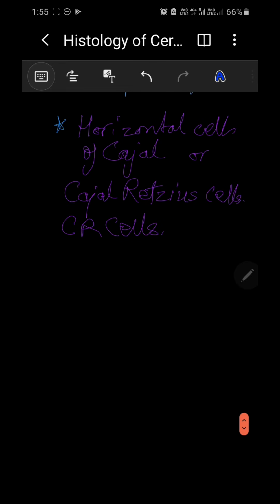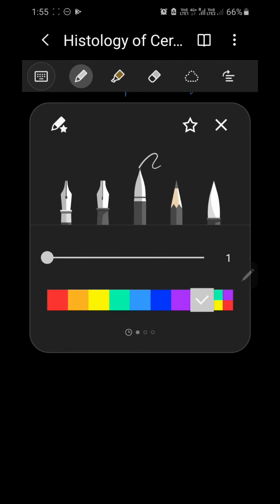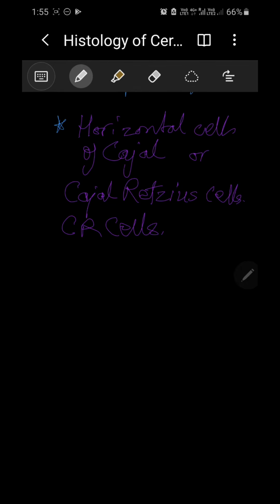Now a little description about these cells. What are CR cells? The horizontal cells of Cajal, or the CR cells, have embryological significance. The CNS develops from a neural tube that has an inner cell layer, the parenchyma formed from there, a mantle cell layer, and the marginal outer cell layer. These cells are embryologically derived from the marginal cell zone.